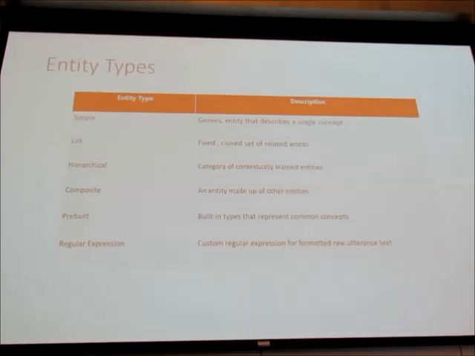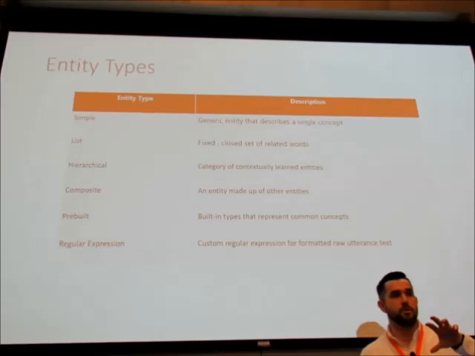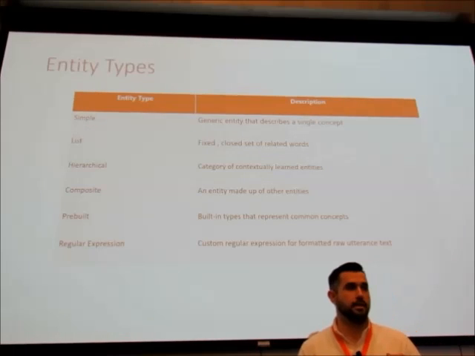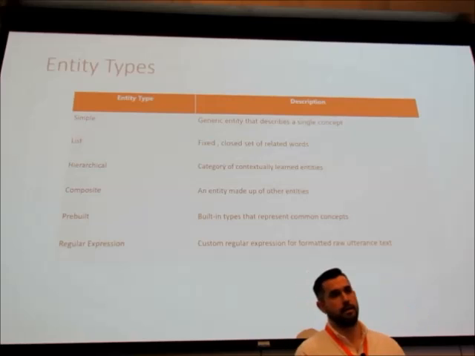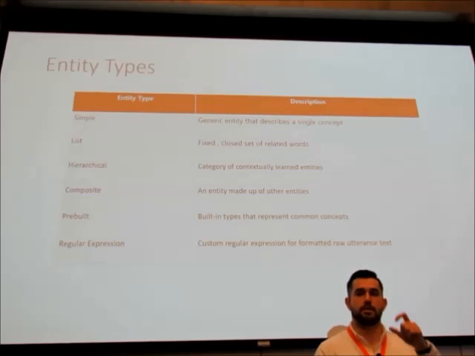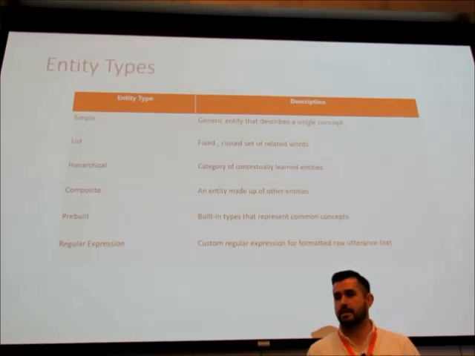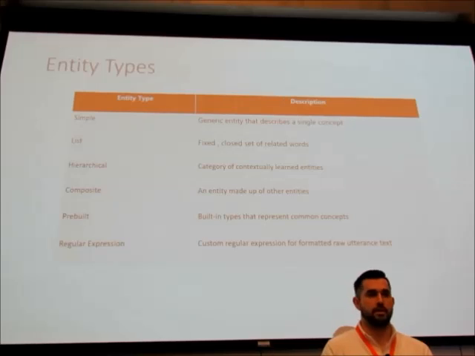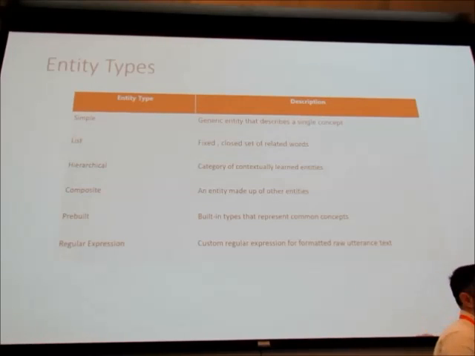So we have a few entity types, and there are a few more that I'll get to later, but the first one is the simple one. Book a flight on Canada Air or Air Canada. You would expect to have an airline entity that would pick up Air Canada. So if it was Air France, or Cathay Pacific, or whatever airline, the model starts learning that these nouns are grouped together.